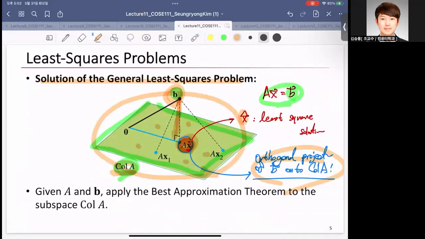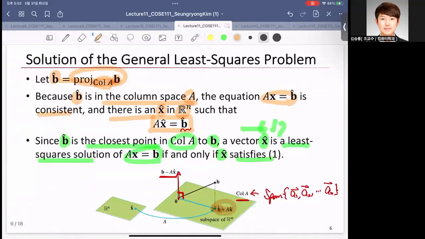This x hat is the orthogonal projection of the vector b onto the column space of matrix A, which was another subspace. So here x hat was the least square solution, and b hat was the projection of the vector b onto the column space of matrix A.